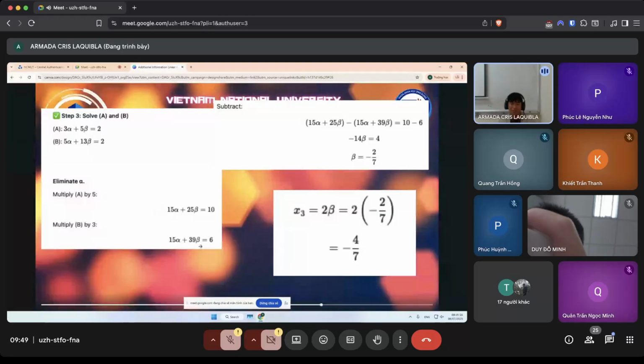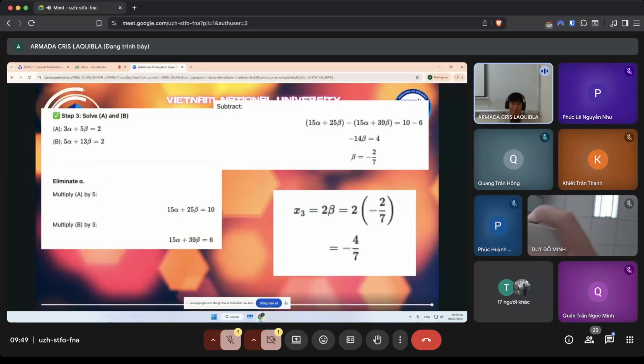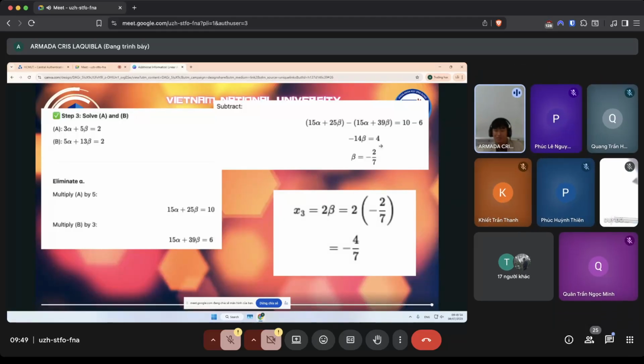We subtract: 15 alpha plus 25 beta, minus the second equation, 15 alpha plus 39 beta, and then 10 minus 6 at the other side. So this is 4. And then here, the alpha becomes 0. And then 25 minus 39, we have negative 14. Divide negative 14 both sides, so 4 over negative 14, and reduce that to lowest terms. You will get negative 2 over 7.